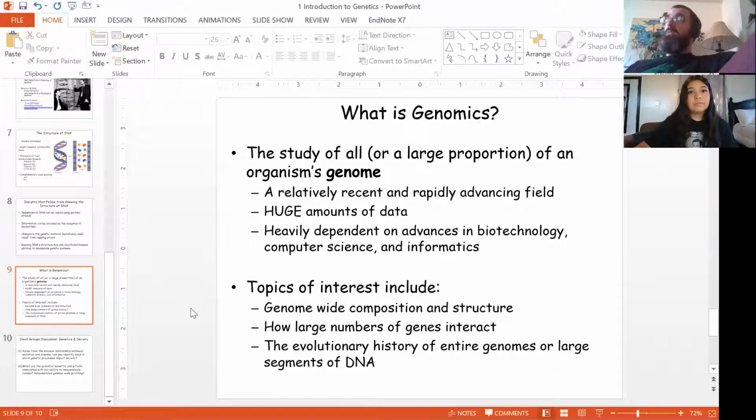We won't be touching evolutionary genetics at all, unfortunately, but that's because you'll be studying it in evolution, most likely with Dr. Border, maybe next semester or the one after that. But all of the rest of it, we'll be going into in quite considerable detail, right? So try and keep some of these things in mind as we get really into the weeds, so that you can keep that context and not be overwhelmed by the information that I am throwing at you.